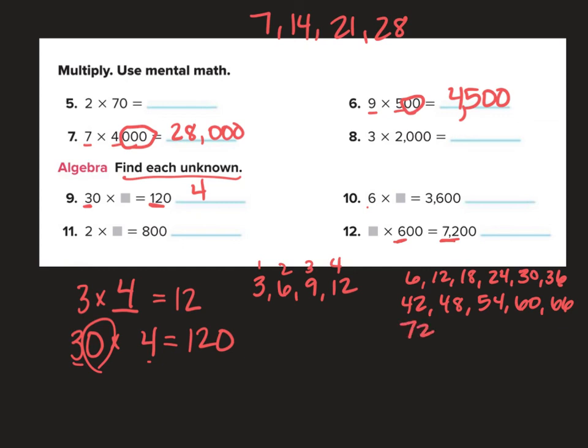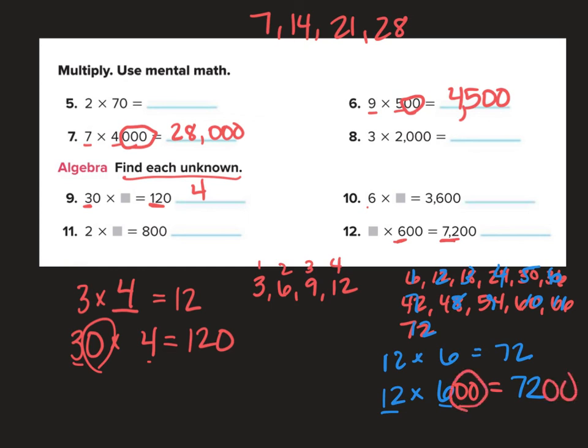Oh, there we go. 1, 2, 3, 4, 5, 6, 7, 8, 9, 10, 11, 12. Okay, so if 12 times 6 equals 72, then 12 times 600 equals, see, 12 times 6 is 72, 2 zeros. Is that what we're supposed to get? Yes, it is. So our missing answer is 12.